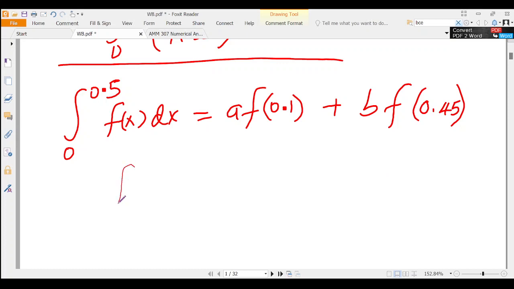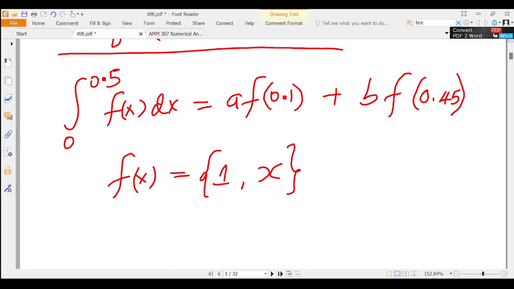That is, we can take f of x to be 1 or x. If we set f of x equal to 1, this is a constant function, so we substitute 1 here, here, and here.